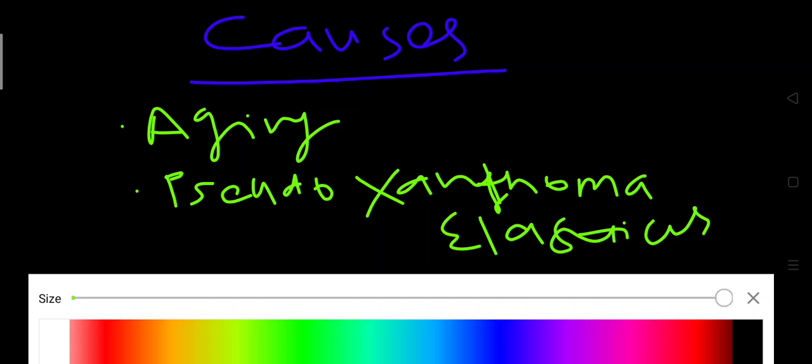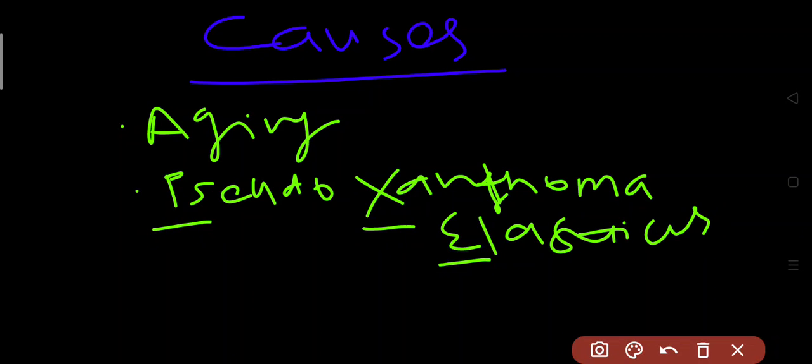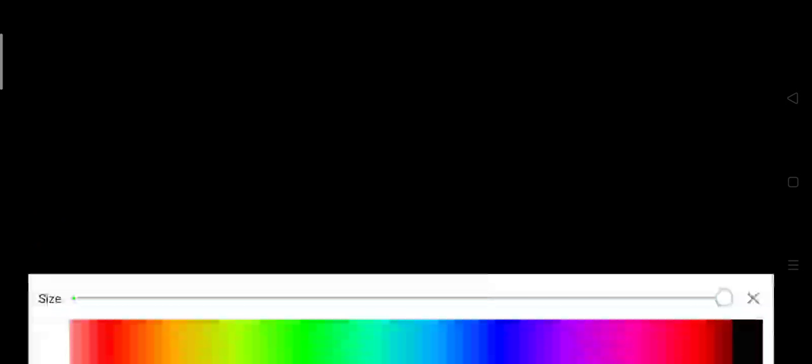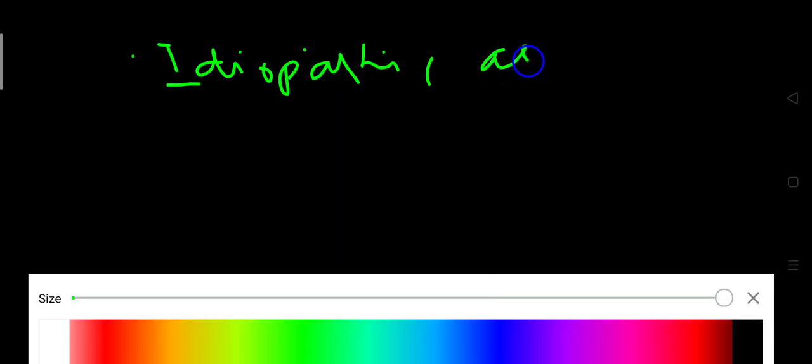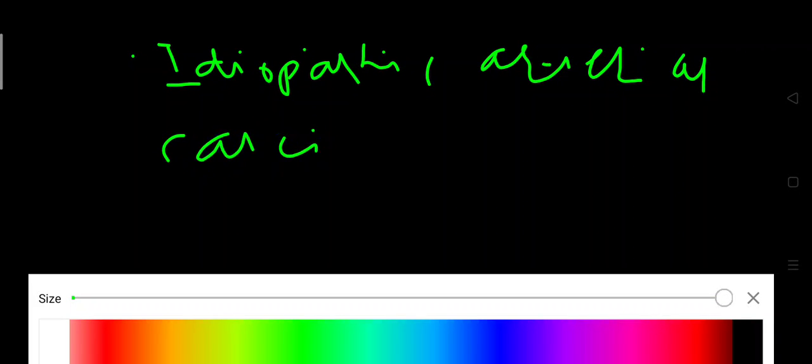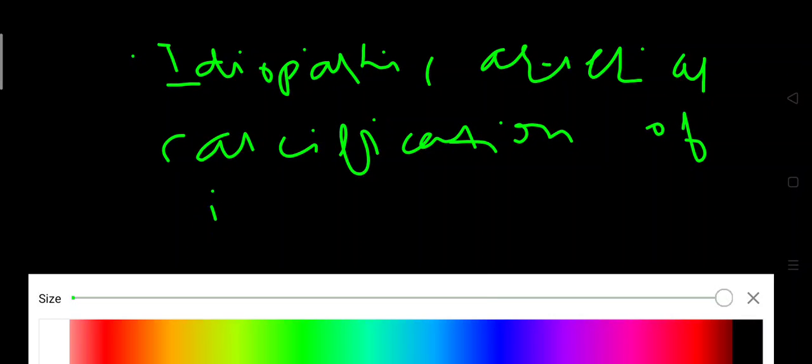Pseudoxanthoma elasticum, commonly known as PXE, is a condition in which there is a deposition of calcium. The third and last cause is idiopathic arterial calcification of infancy.